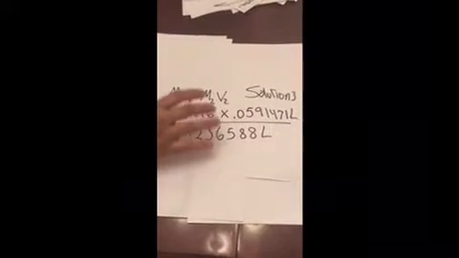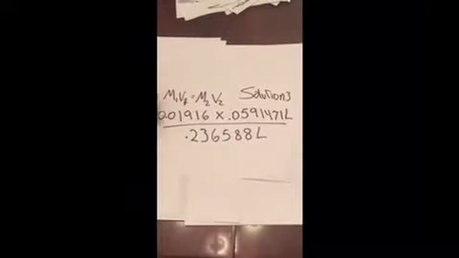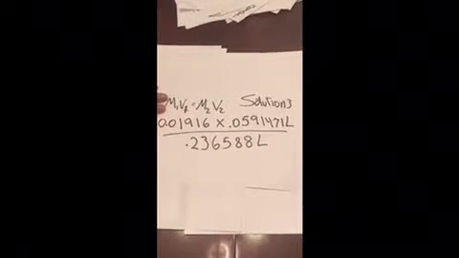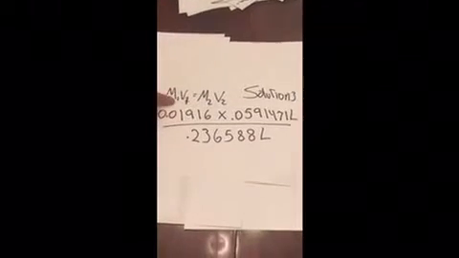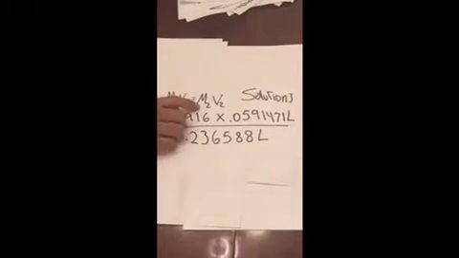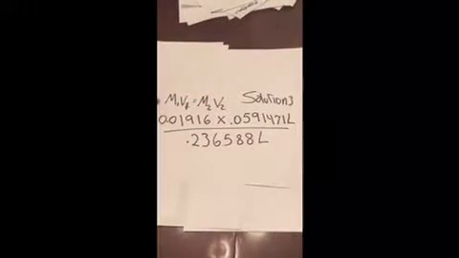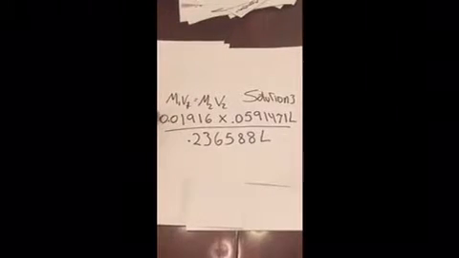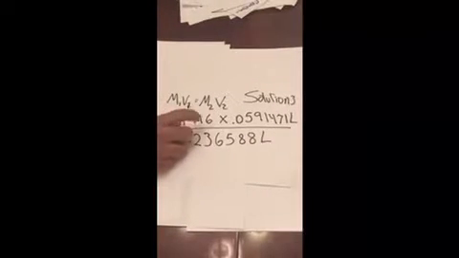Here we have solution 3. We're going to follow the same steps as in the previous calculation. M1 times V1 equals M2 times V2, with M1 being the concentration from the previous solution, 0.01916.